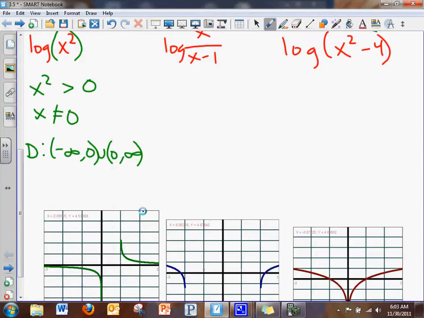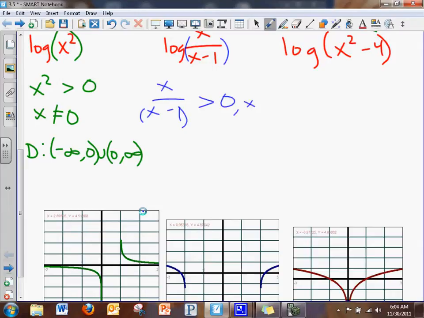So on the second one, again, the inside function must be greater than 0. What I notice here is that inside of the log, now I have something in the denominator of a fraction. So my first thought is that I can't let the denominator equal 0.